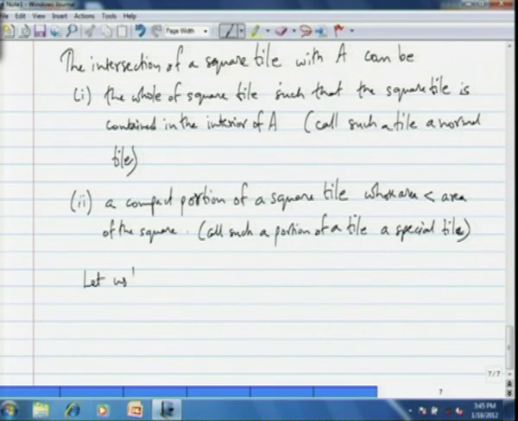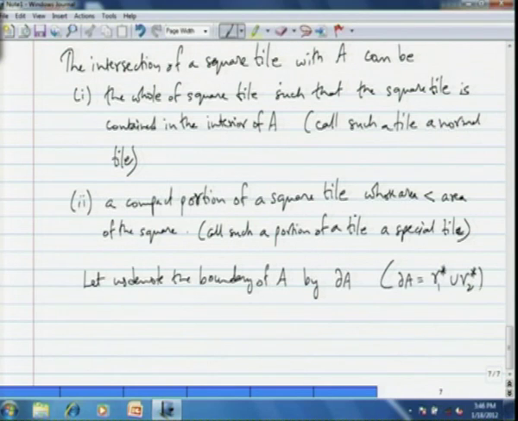Now let us denote the boundary of A by dou A. Notice that the boundary of A is nothing but gamma 1 star union gamma 2 star.